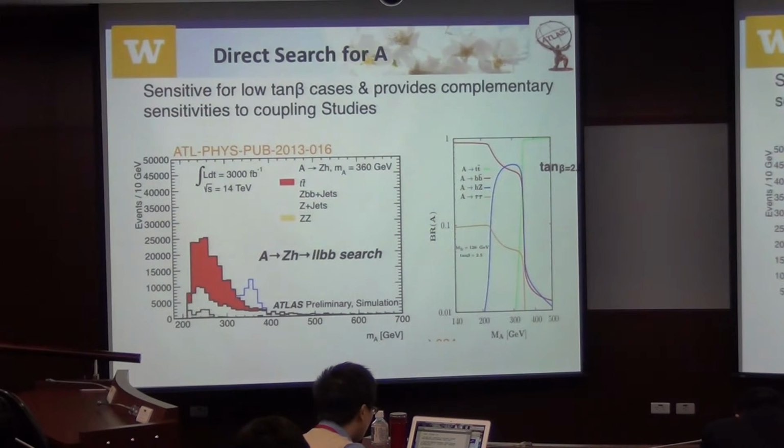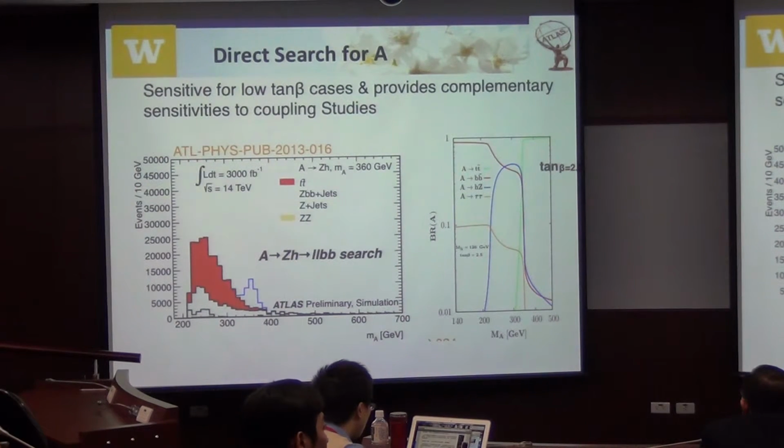So we can also study the expectation for an additional Higgs. For example, in a two-Higgs-doublet model, you could have a pseudo-scalar Higgs, and it can decay to a Z boson plus Higgs boson, which further decays to 2 leptons plus 2 b quark final state.